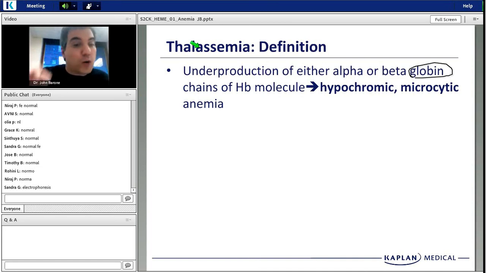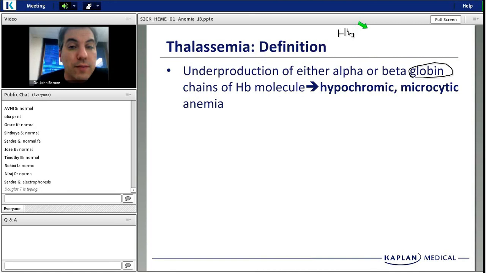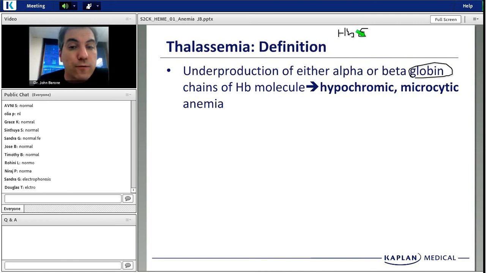So microcytic with a normal iron panel, start thinking thalassemia. Now to prove it, the test we're going to do here is hemoglobin electrophoresis. Hemoglobin electrophoresis, very useful here. So when the iron panel is normal in a microcytic disease, think about thal, and you want to do electrophoresis for these.